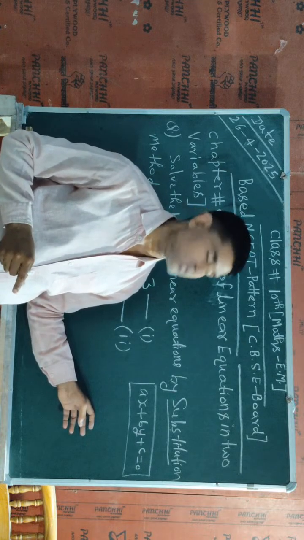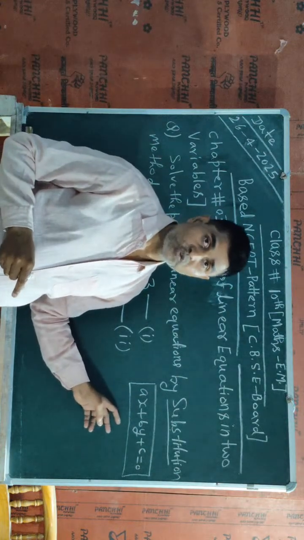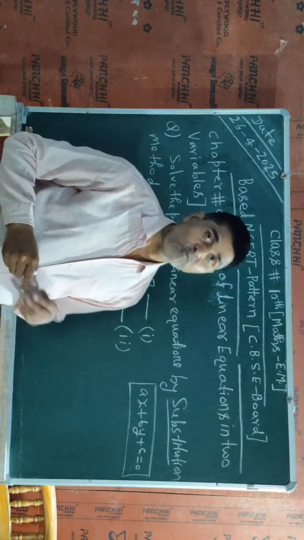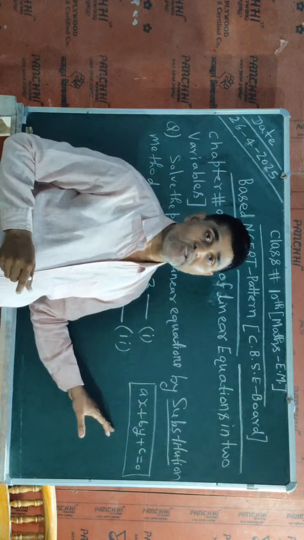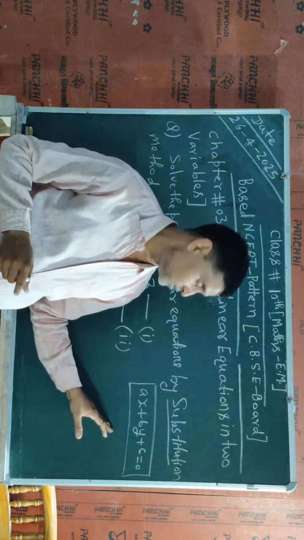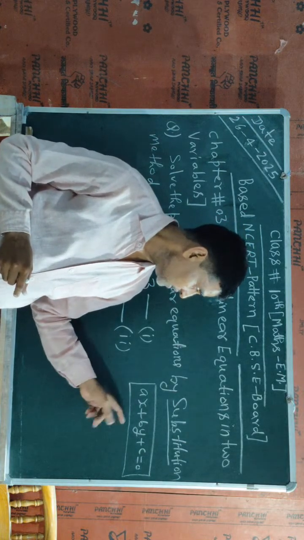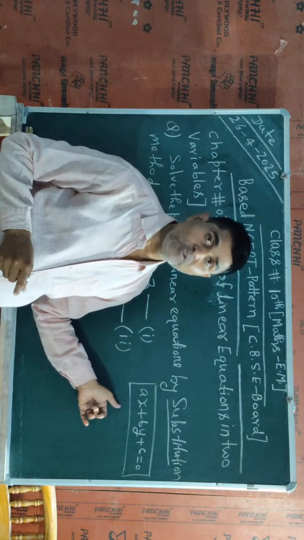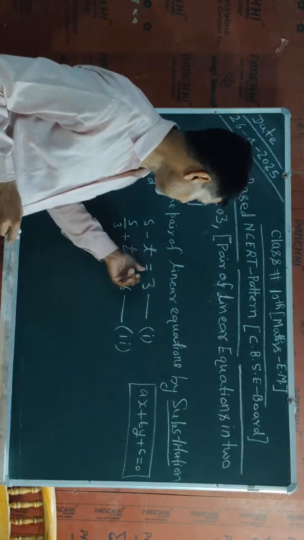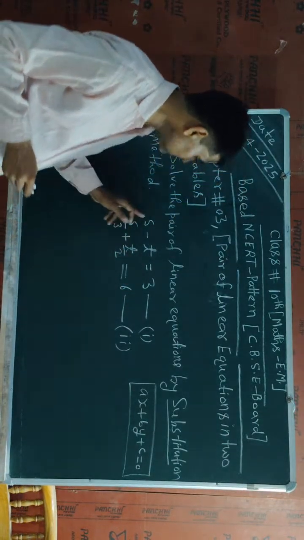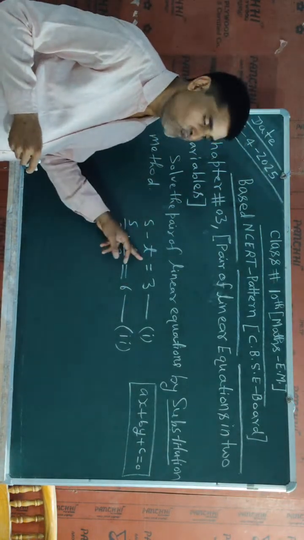It means that both lines will have different slopes, so both lines will intersect at a certain point. In that case I will get the value of that intersection point. Okay, student, so in this case I will get a unique solution. So I will solve these two equations, and after solving I will get the value of x and also the value of t.